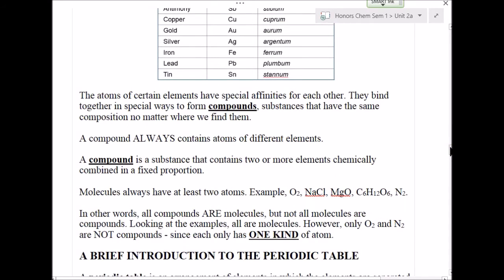The atoms of a certain element have special affinities. What does affinity mean? In other words, I'm sure you all have an affinity for chemistry. It's a love, a desire, an attraction. So atoms of a certain element have special affinities for each other.